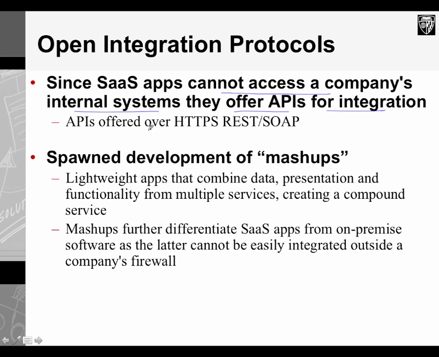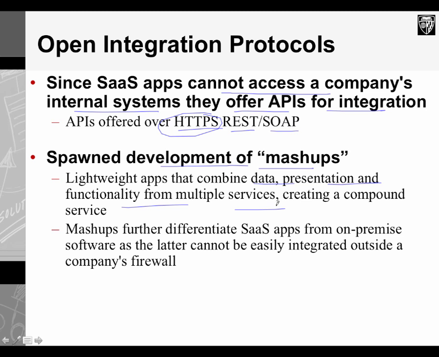And you may want to design these APIs over HTTPS for security, and of course use REST and SOAP as the communication mechanisms. This has actually spawned a development of mashups. Many organizations are having SaaS services, but they also have software within their company. So they create these lightweight apps that combine the data and the presentation and functionality from multiple services.